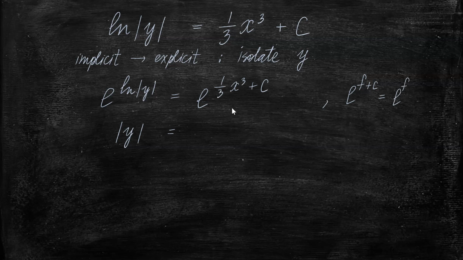When you have a sum in the exponent, we can break it into the product of two exponential expressions like this. So instead of having e to the power 1/3 x cubed plus c in the power, we're going to break it up like this.